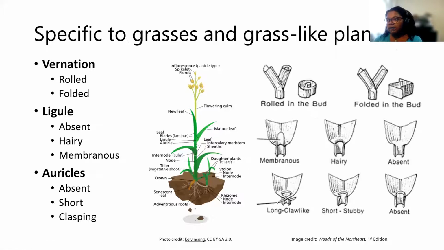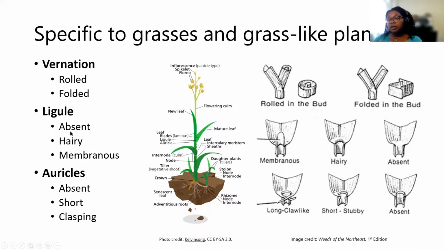This is only relevant to monocots. I am purposely using the word monocot instead of grasses because not all monocots are grasses. And they're generally described as rolled, as you can see here, folded. And then there's also a third option called triangular. Keep that in mind, it will be relevant.